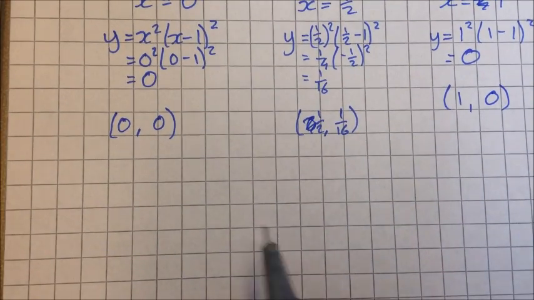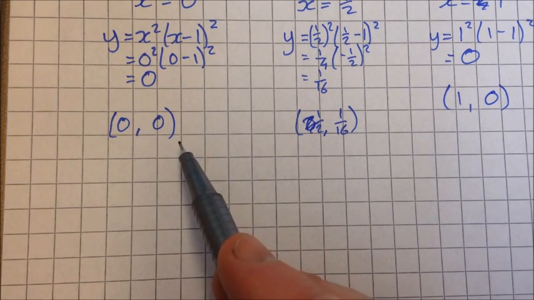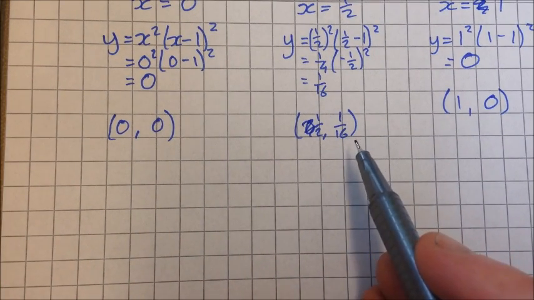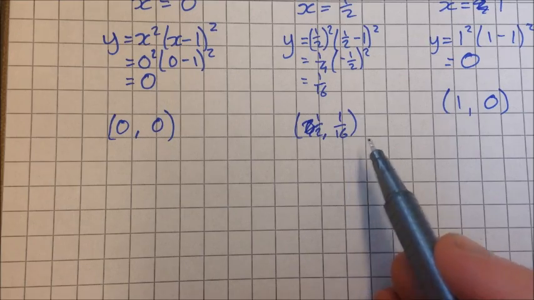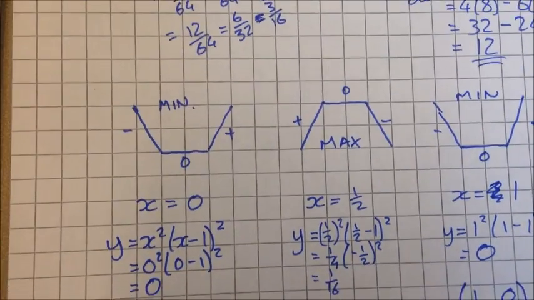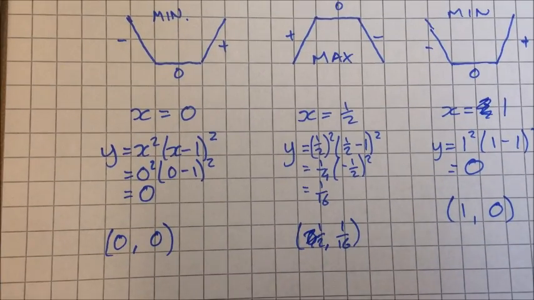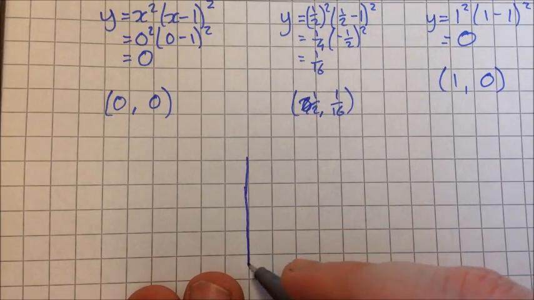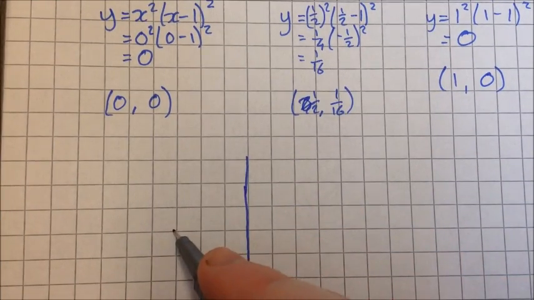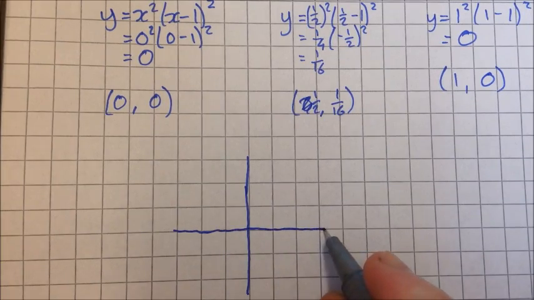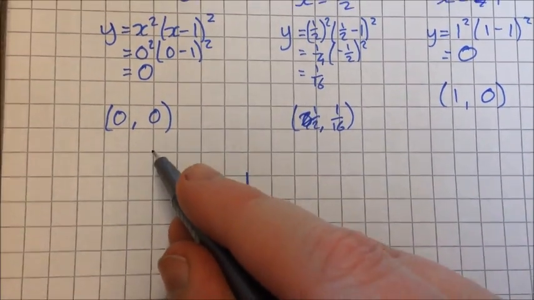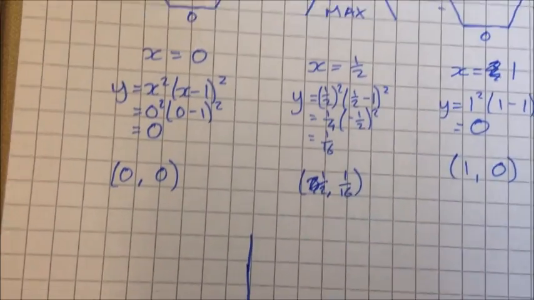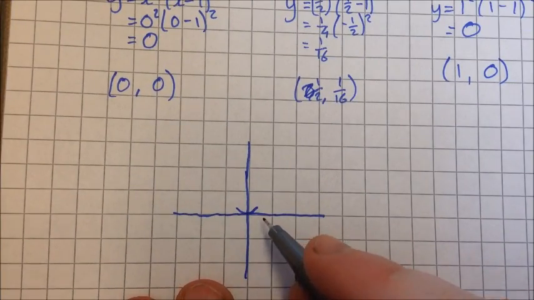Now to sketch the graph, we know that the turning points are going to be 0, 0, half, 1/16, and 1, 0. So if I was to draw some axes real quick. At 0, 0 we have a minimum, so we know we're going to have something that looks like that.